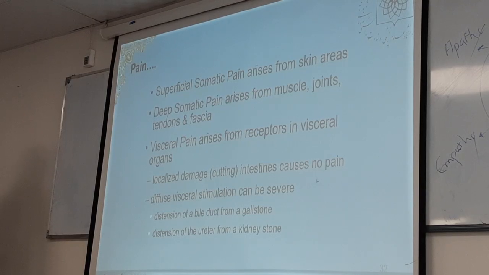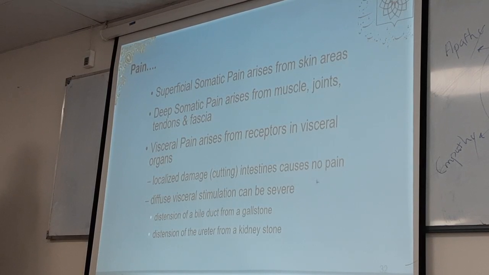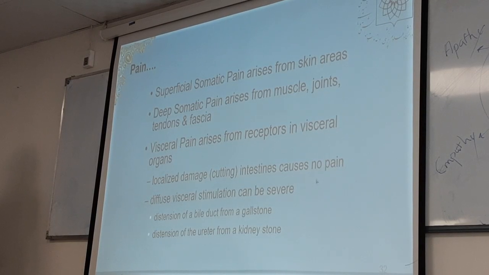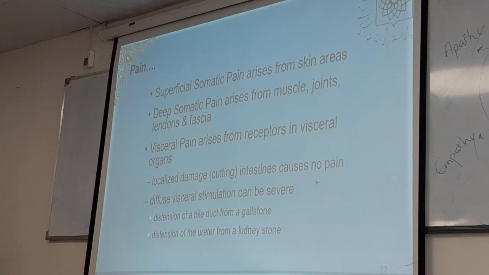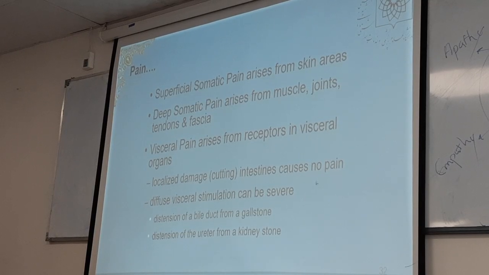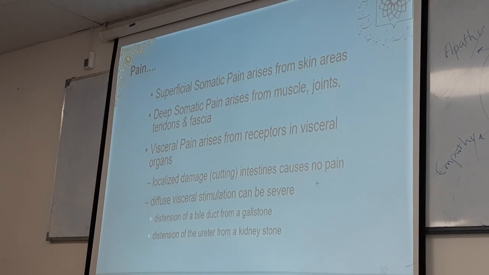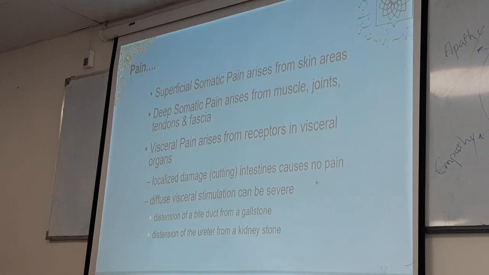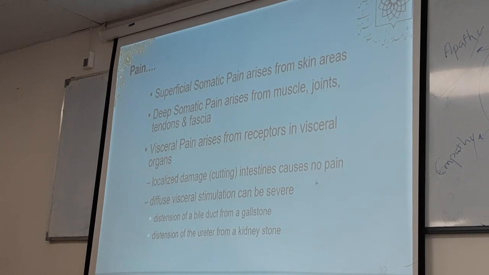I mean, when we have a problem with the skin, we are able to say, I have a pain in my right hand, right index finger. But for the visceral pain, localization is very poor. You can say, I have a pain in my abdomen. I have a pain in this area. You cannot say the right side of the duodenum is the pain location. It is not localized.